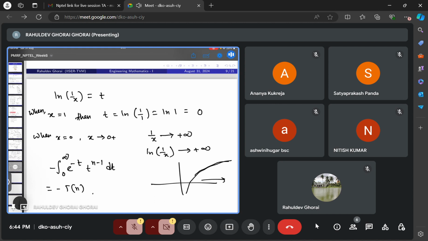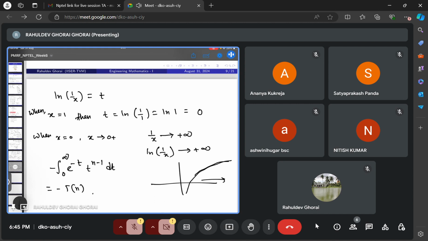One thing you remember, as I once told also: the gamma for negative integers blows up. The gamma is a function defined for all values other than negative integers.